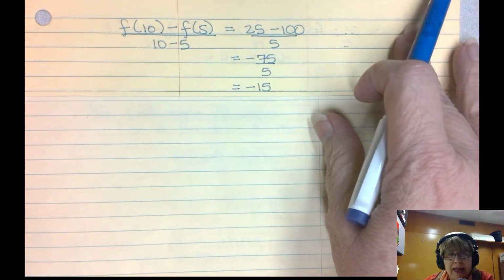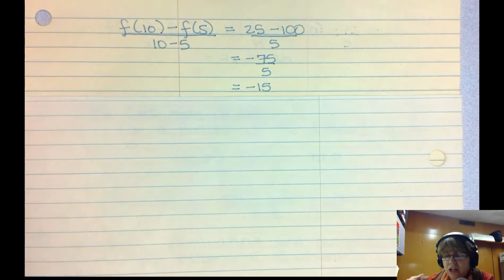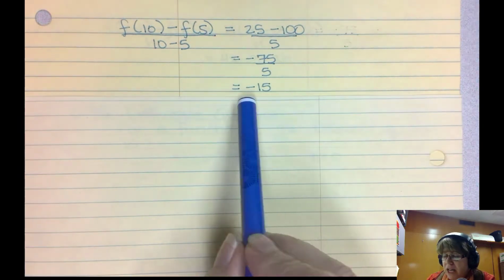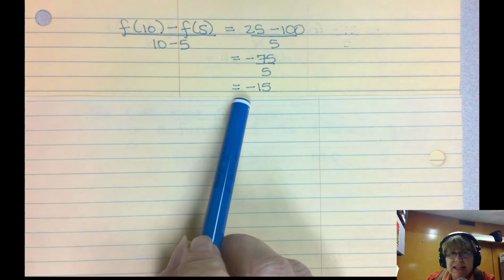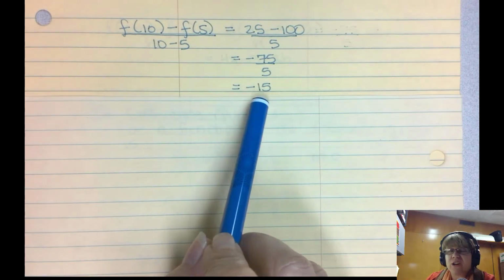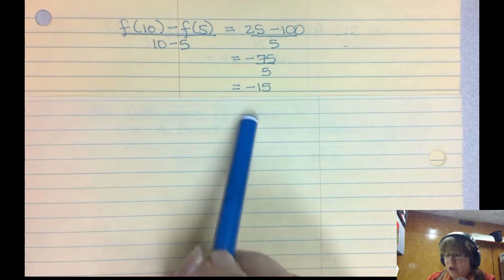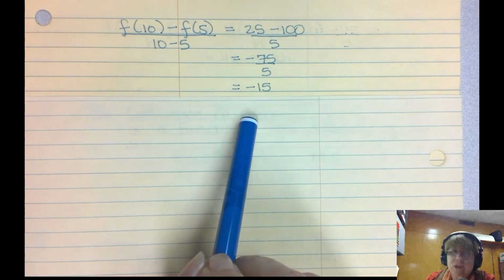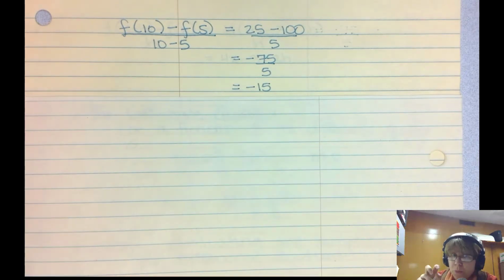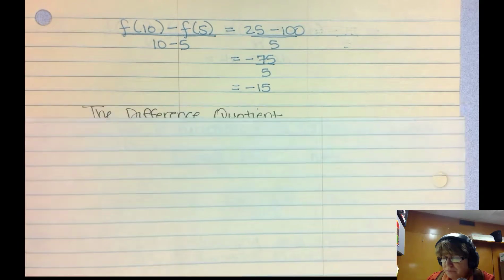And so our average decrease for every notch we turn down on our TV, the volume goes down 15, but the value is negative. Yes, it's okay for your slope, your average change, to be negative. It just means that it's decreasing and not increasing.